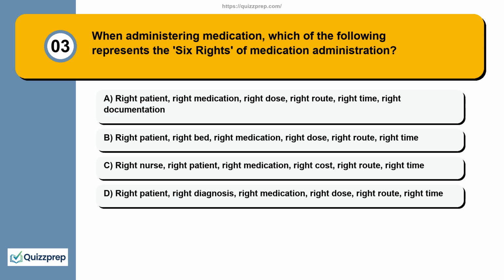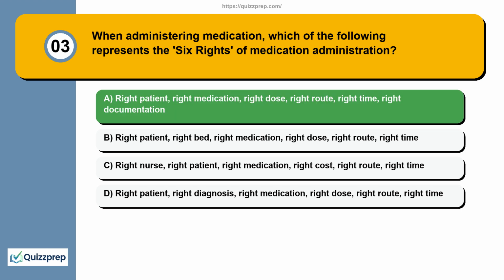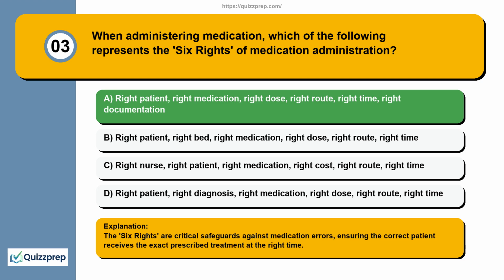Option D. Right patient, right diagnosis, right medication, right dose, right route, right time. The correct answer is option A. Right patient, right medication, right dose, right route, right time, right documentation. Explanation. The 6 rights are critical safeguards against medication errors, ensuring the correct patient receives the exact prescribed treatment at the right time.